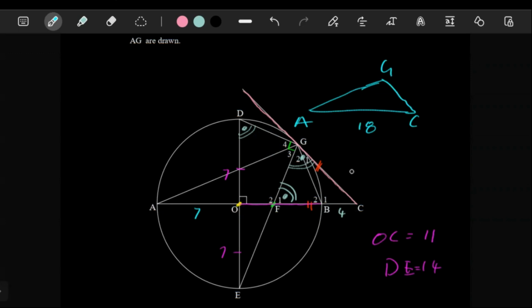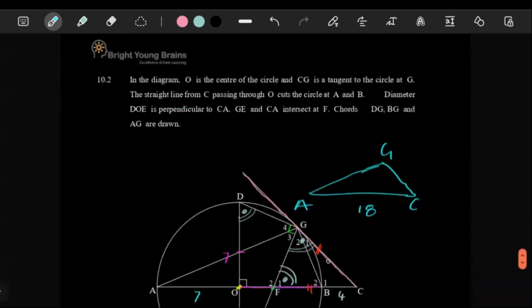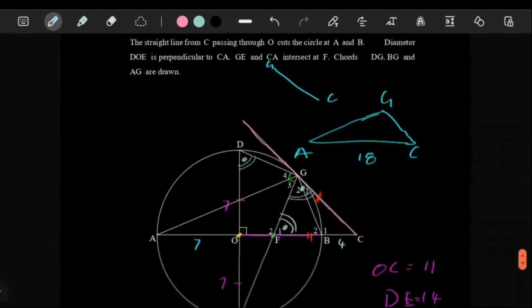If we think of this small isosceles triangle where we need to find the line GC, it's useless. But a triangle that has GC in it, with G here and C here, is triangle GCB.